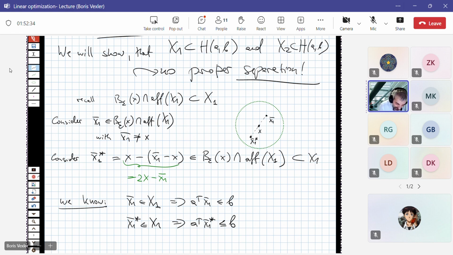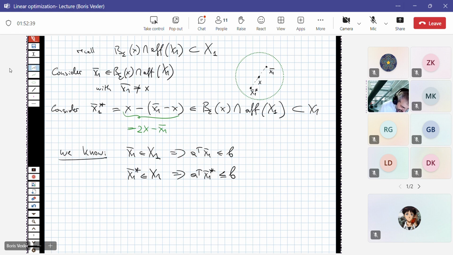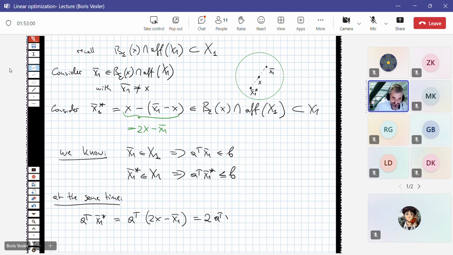But at the same time, if we insert the definition, we get that A transpose times x1 bar star is A transpose times (2x minus x1 bar). This is 2 A transpose x minus A transpose x1 bar.